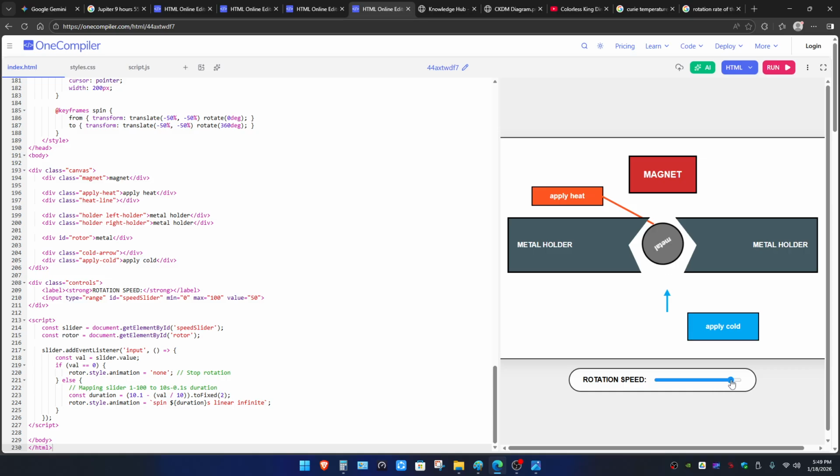Okay, Curie temperature. This is a stupid name I have just come up with. The Curie temperature is the actual method by which, at a certain temperature, different metals lose their magnetic field. So when I added colorless king, it is basically my idea that if we can apply heat and cold in this manner, cold from the bottom and heat from the top, then this top magnet is going to be wherever it is, but the metal will basically become a motor on its own.